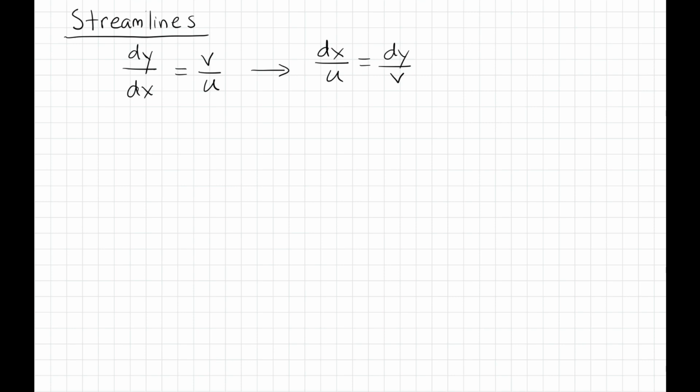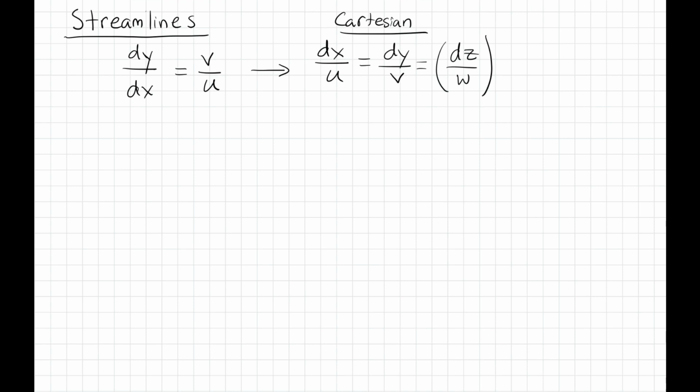And when you write it that way, it's actually pretty easy to extend it to 3 dimensions and realize that there's also a z length to each length of the streamline that moves proportionally to the z component of velocity, which would be called w.